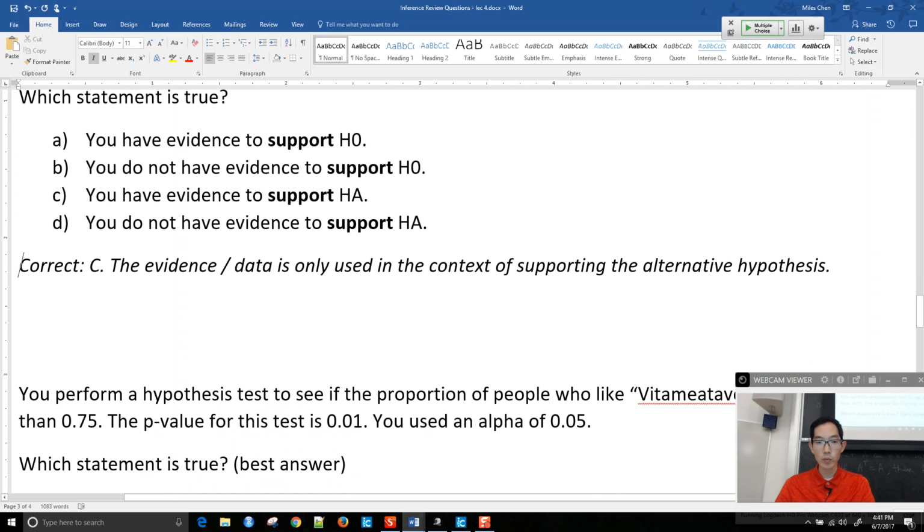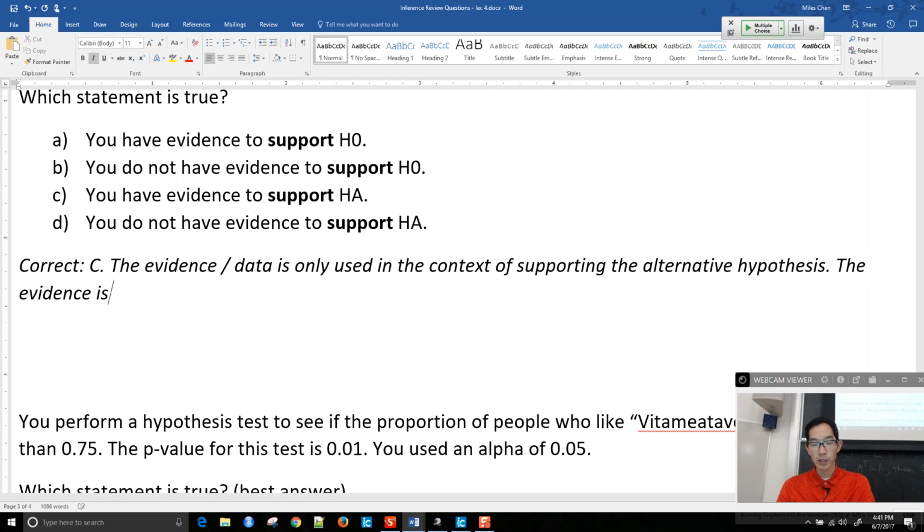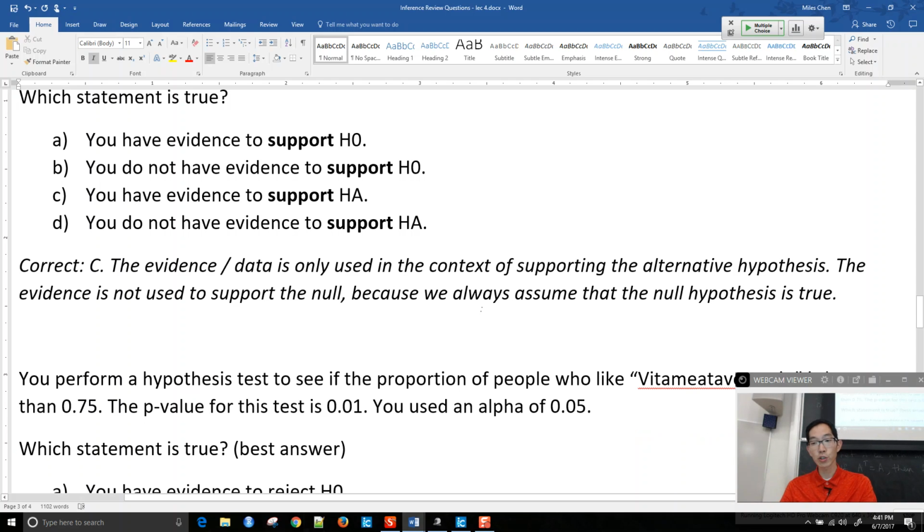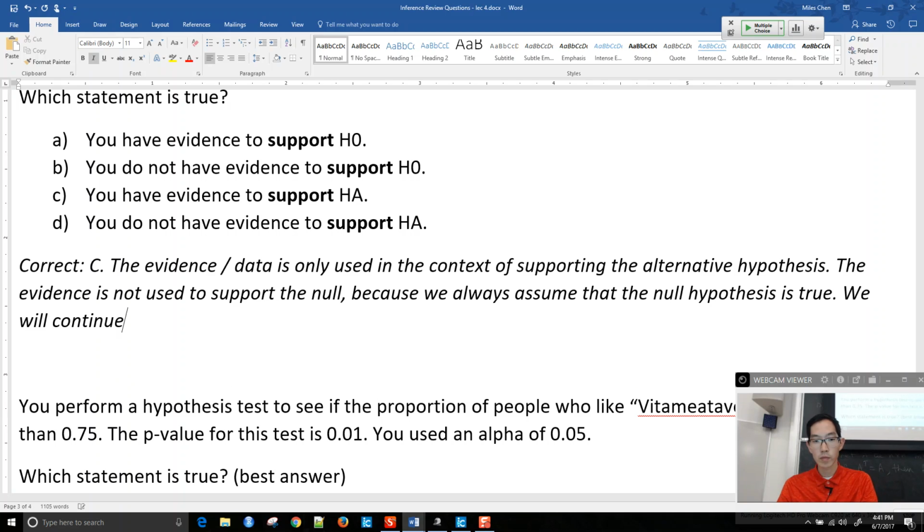It's not used to support the null, because we always assume the null to be true. We always assume that the null hypothesis is true, and we will just continue to assume that the null hypothesis is true unless there's enough data to convince us otherwise.